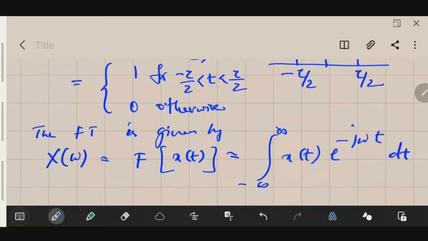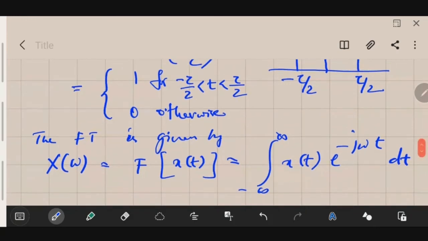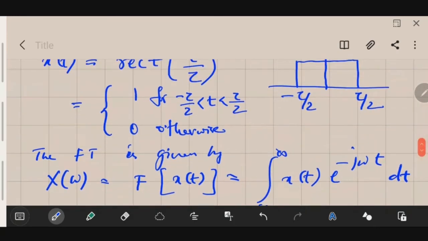This is our normal formula. Then in place of x of t, we will be putting this value that we have here.